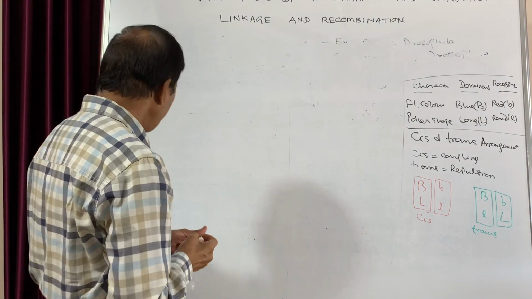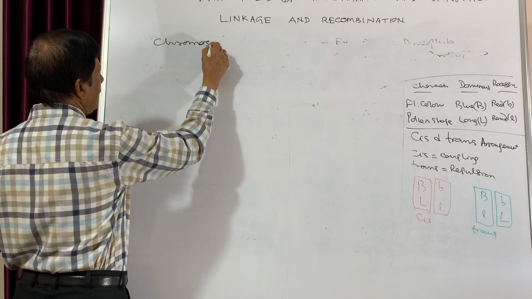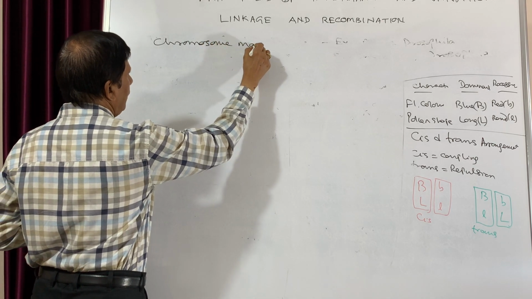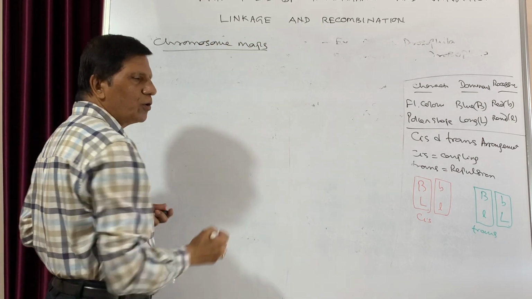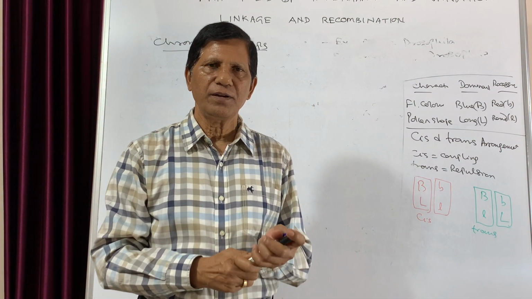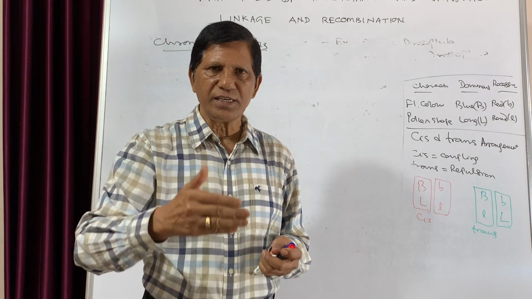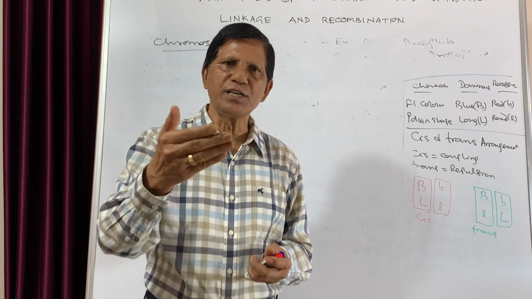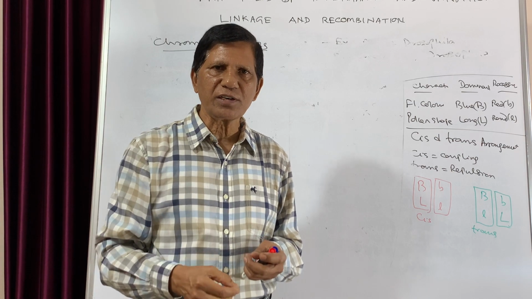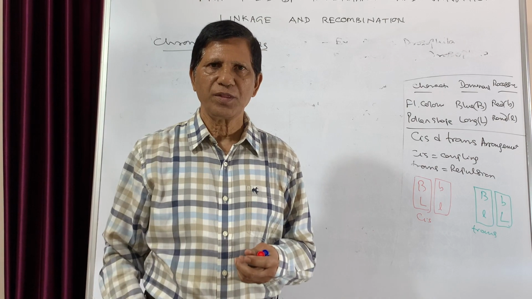So in case of chromosome maps, a chromosome map is a graphic representation of the linear, sequential arrangement of the genes in a chromosome, just like the arrangement of beads on a string.